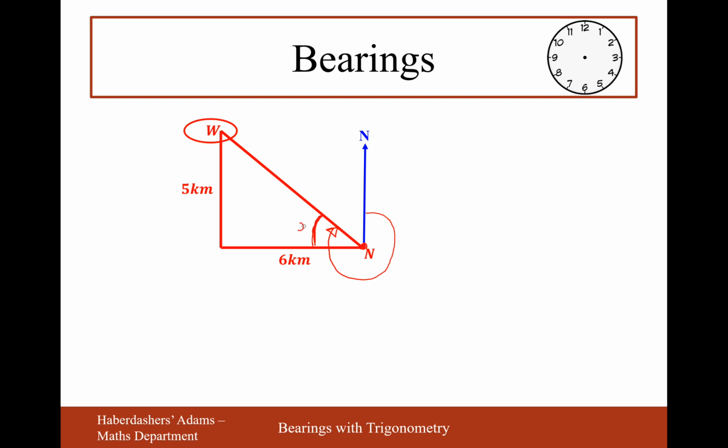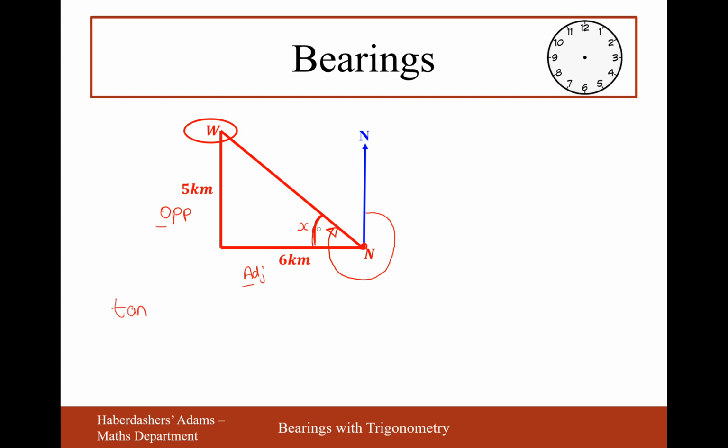So I'm just going to work out this bit here, and then add it on to 270 to get my final answer. So how do I work out x inside this triangle then? Well, think about trigonometry. We have the opposite side over here, and we have the adjacent side over here. So it's going to be O and A, which will be tan.